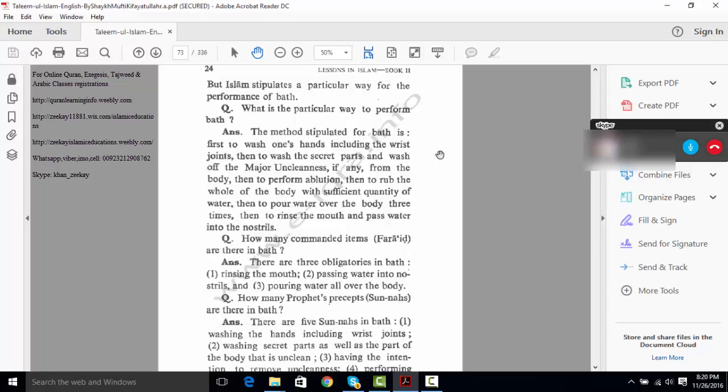Then number five, to rub the whole of the body with sufficient quantity of water. Then to pour water over the body 3 times. Then to rinse the mouth and pass water into the nostrils. Understand? So this is the way to have bath in general.